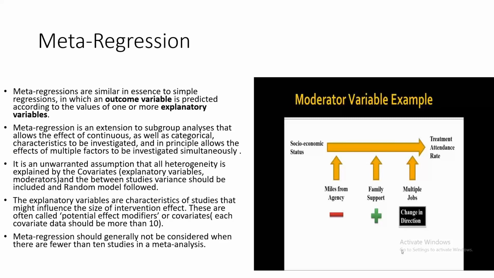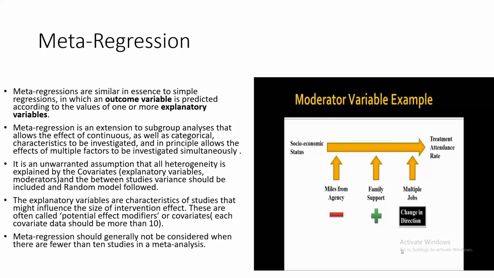Okay, this is an HR example, and the three factors or three moderators which could affect this direct relationship, socioeconomic status and treatment attendance rate at office, are the miles from the agency, which means the distance from your home to the work, the family support that you have, and the multiple jobs you are doing. If you're doing only one job, well and good. If you're doing more than two jobs, this direct relationship will be affected.